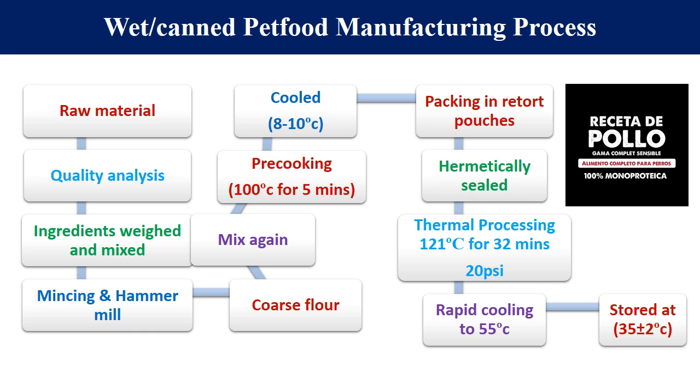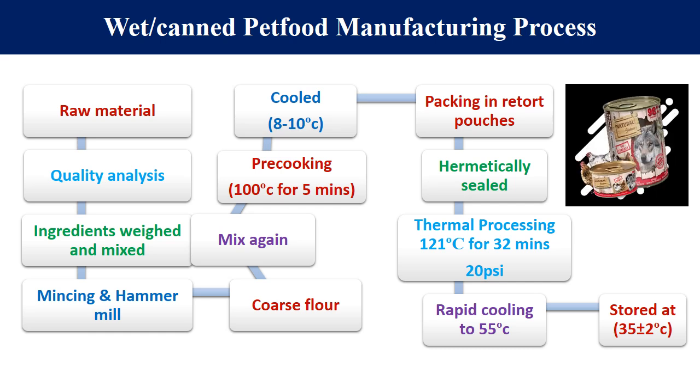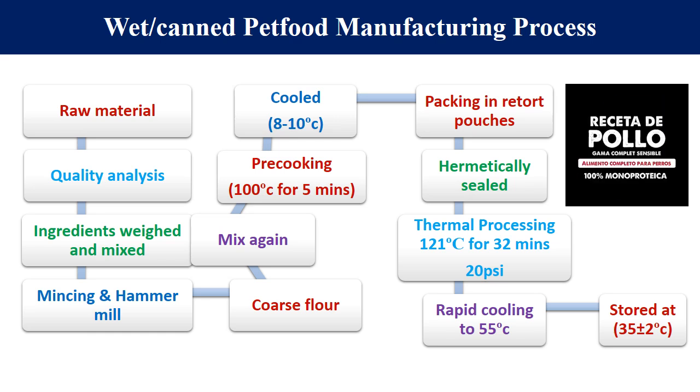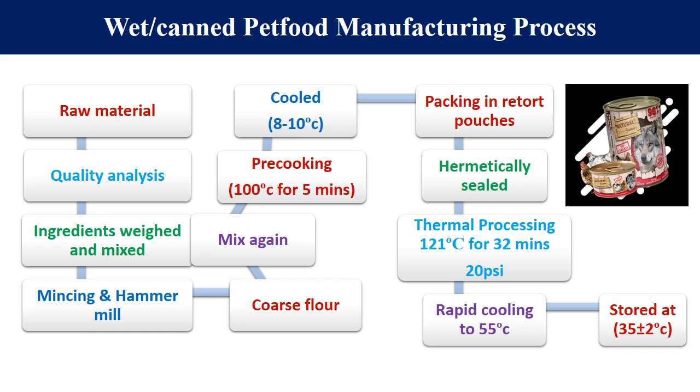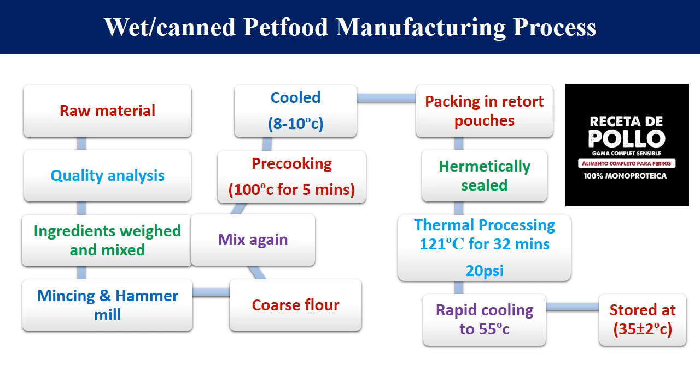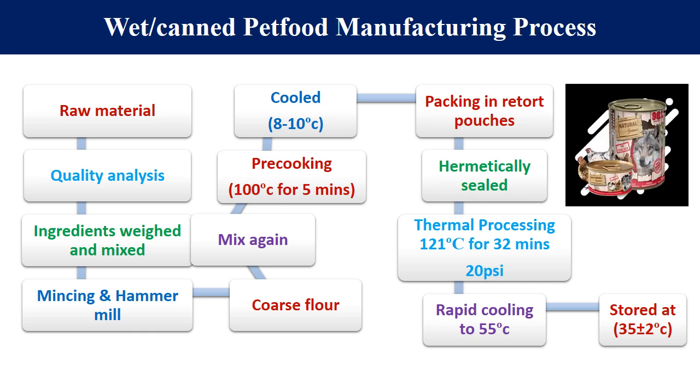In modern times, flexible retortable special pouches, called laminates, are used. Earlier it was done in metal cans. Now after filling it is hermetically sealed, so it is completely airtight and moisture proof. Now it undergoes the actual thermal processing, which is also called retort processing.